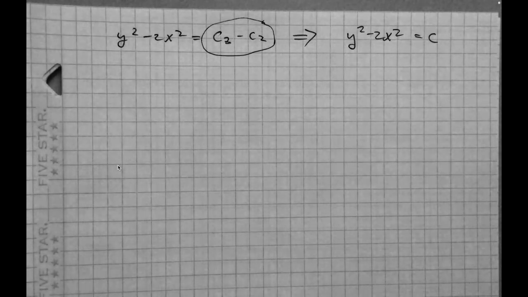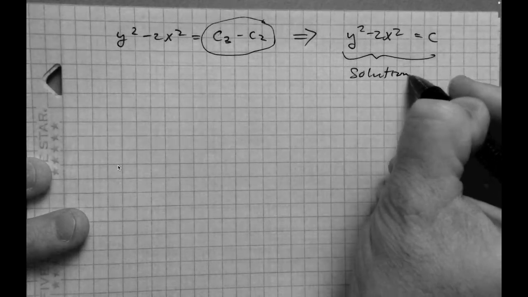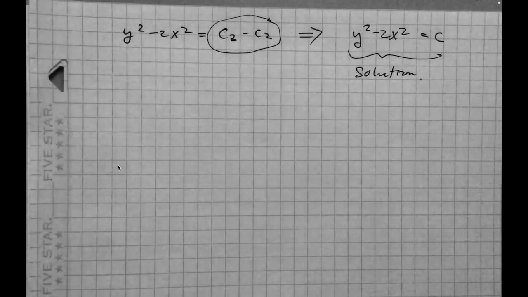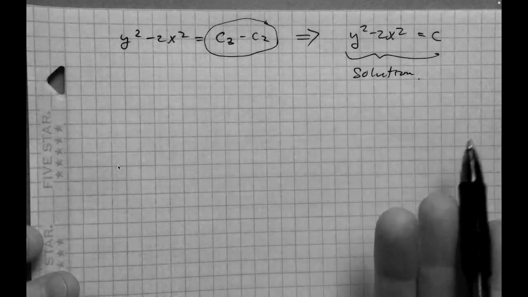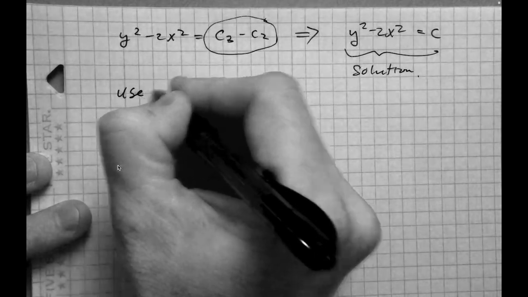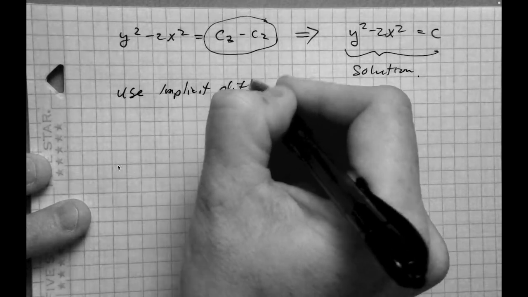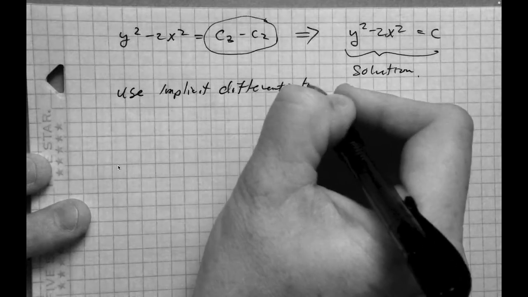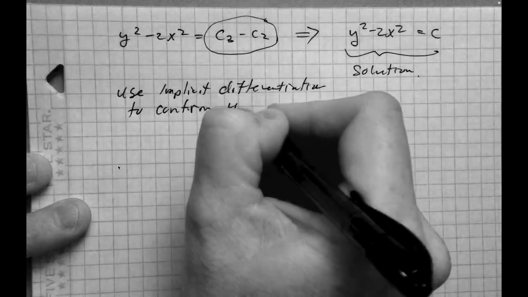Now, this equation here is the solution to our differential equation. That being the case, we ought to be able to differentiate this and get back to the original equation. And so we can use implicit differentiation to confirm this solution.